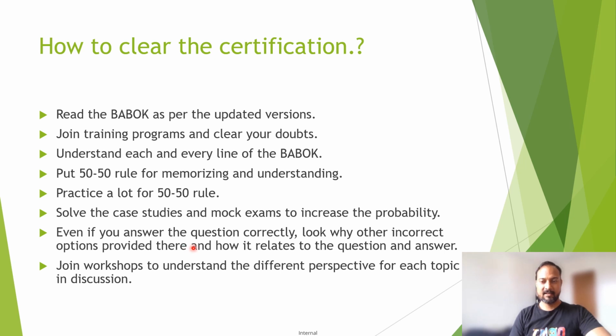The key point here is that for the question that you have answered correctly, just go through why those options are provided there. Just try to relate why these are incorrect, and that will help you build a 360-degree understanding of the concept.